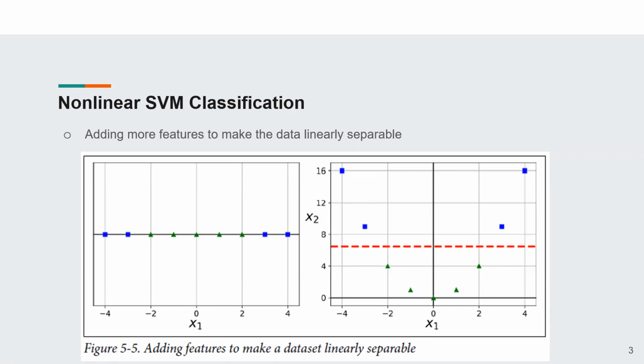With the help of x2, you can see that you can come back with this red dashed line to differentiate the blue square from the green triangle. Adding more features helps your data to be linearly separable.